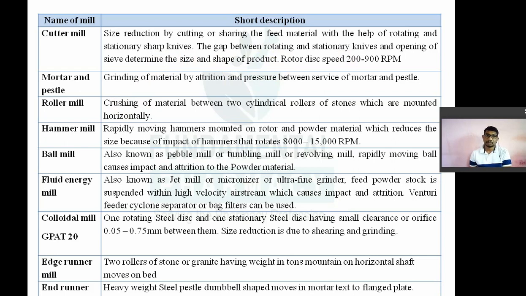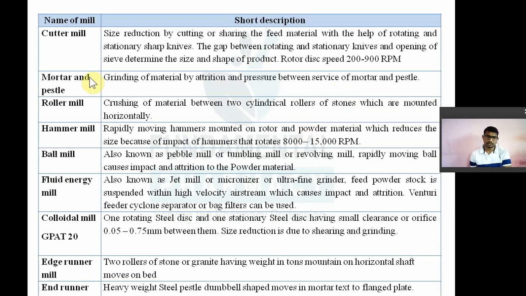Size and shape of the product obtained from cutter mill is decided by the gap between rotating and stationary knives and opening of sieve. The particle size also depends on the mesh of the sieve, or the gap between the stationary and rotating knives. Rotating knives will rotate at the speed of 200 to 900 rpm.